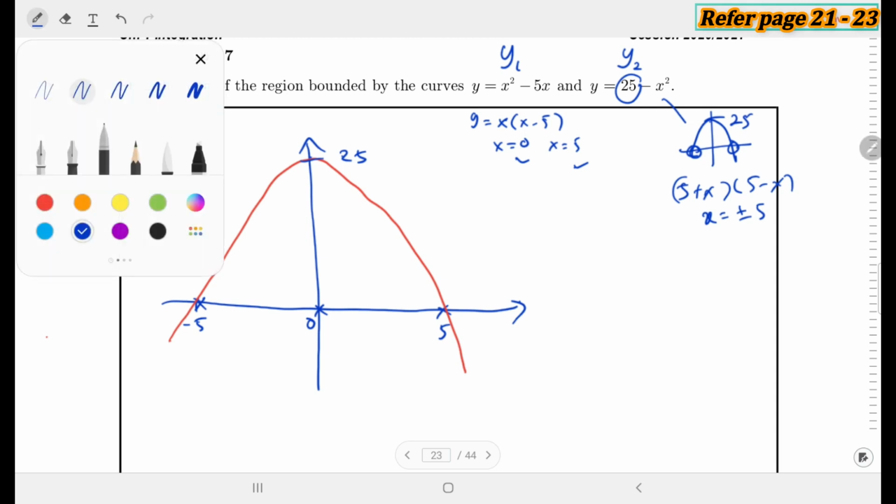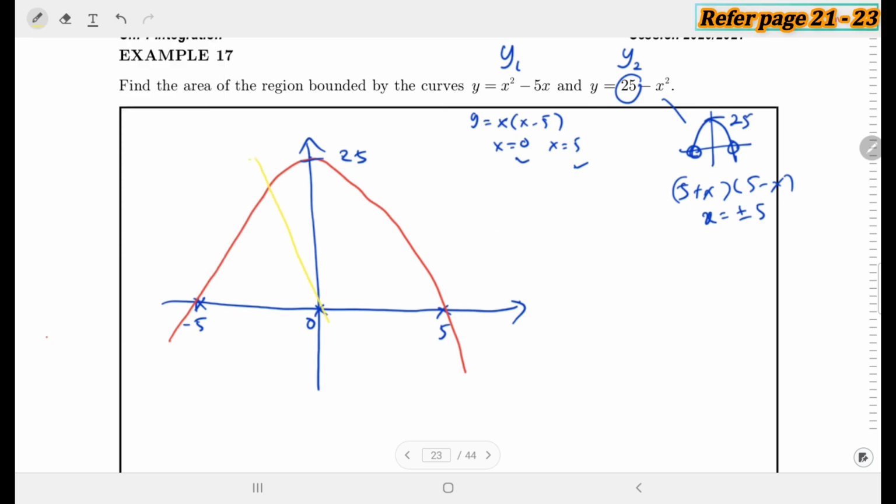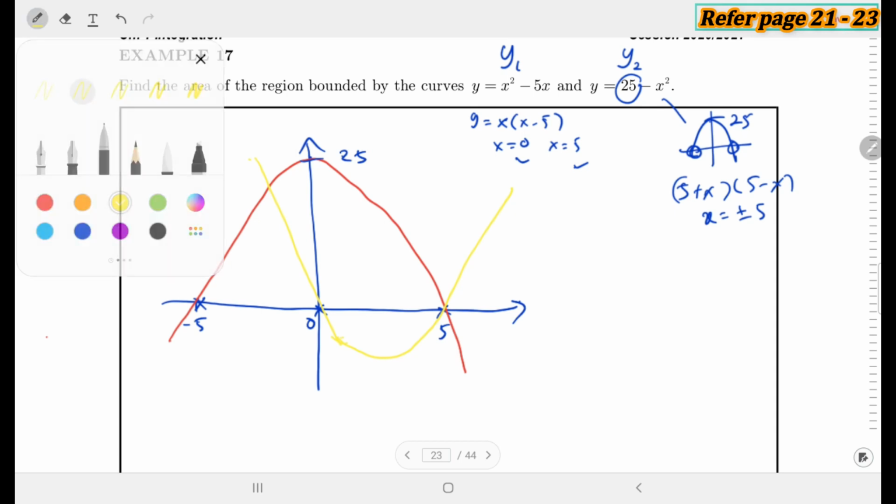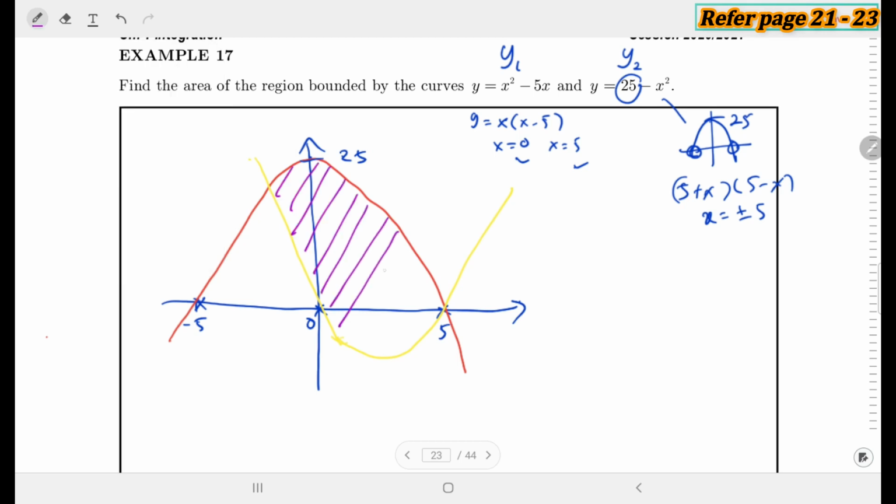We are taking the yellow one, the graph is smiling, which will hit 0 and 5, something like this. Now the region bounded by these two curves must be bounded by these two colors, red and yellow. So we could see obviously the region is here, bounded by the yellow and red.